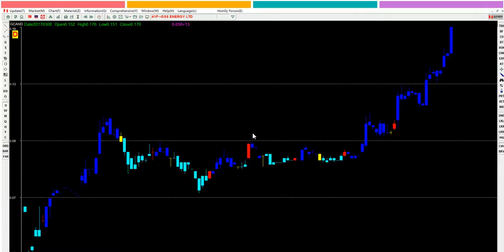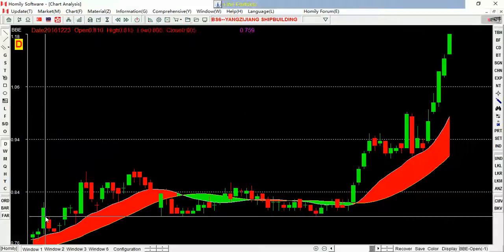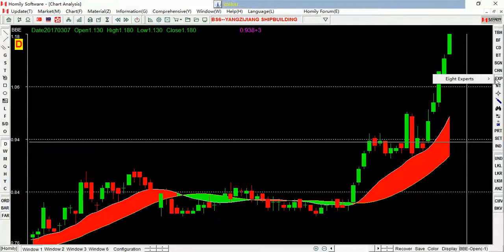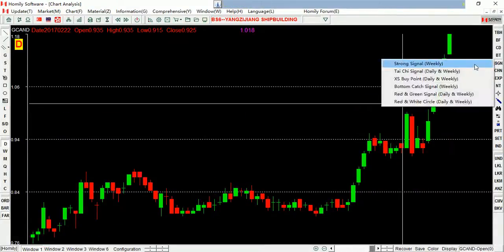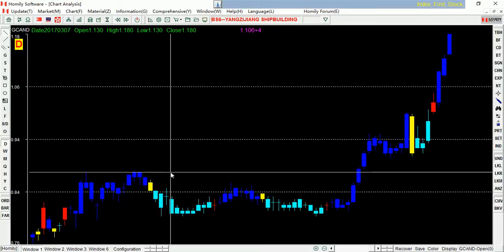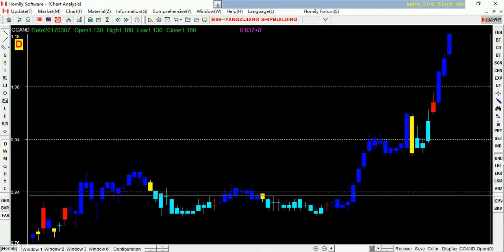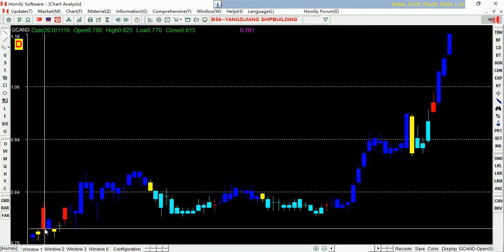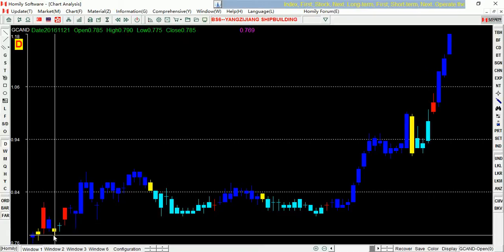So let's see some stock. Let's see this one. Like this area. If we buy here, the buy price is 0.815. The sell price is 0.77.